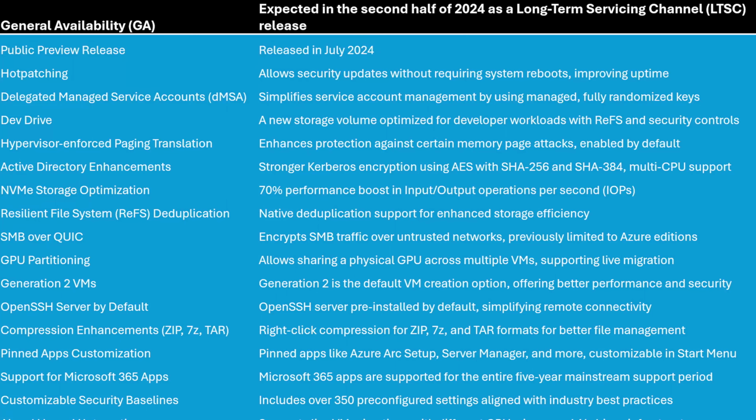Similarly, there are a few other features you can see on the screen. I'm not going to talk about everything, but these are some of the key things, like Active Directory enhancements. Stronger Kerberos encryption will happen using AES with SHA-256 or SHA-384. We will have a separate topic to discuss this particularly.